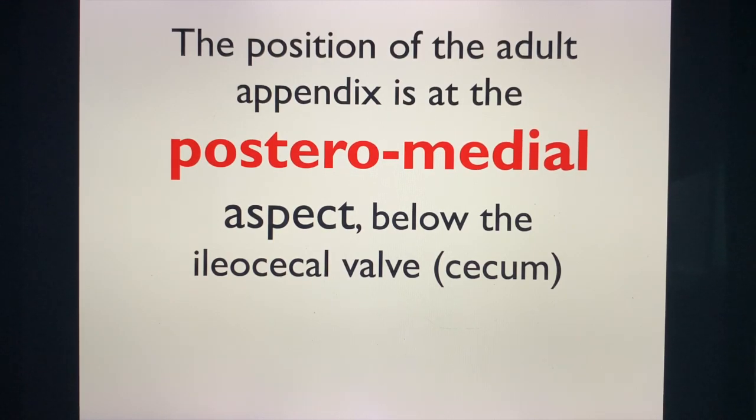Now please remember, the most dilated portion of the gastrointestinal tract is the cecum. Below the cecum or the ileocecal valve, posteromedial aspect, would be the appendix. So please take note, I highlighted posteromedial.